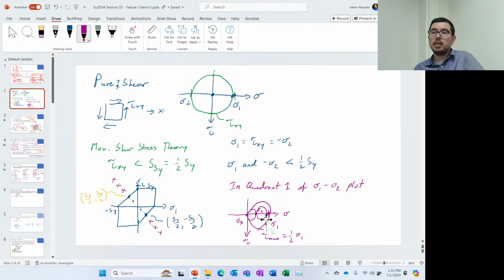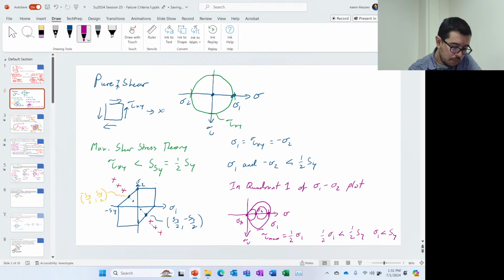Questions on this? So that means one half sigma 1 has to be less than one half sy. That means that sigma 1 is less than sy. So in quadrant 1, I can have anything up to sy.